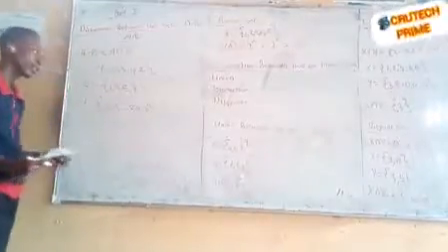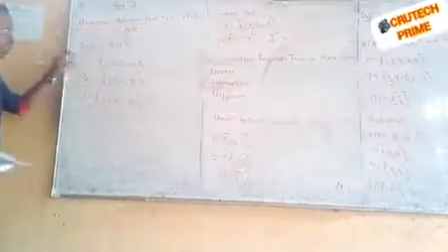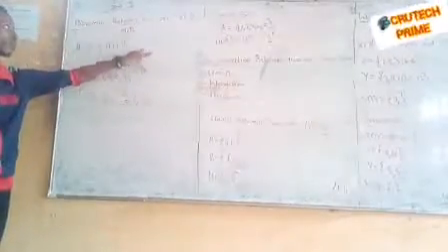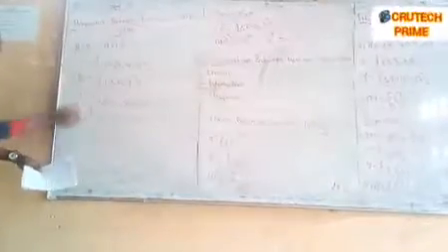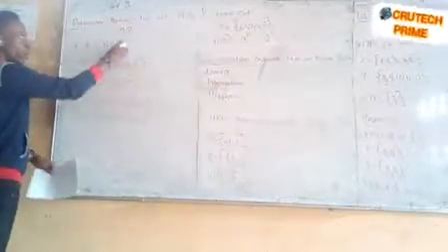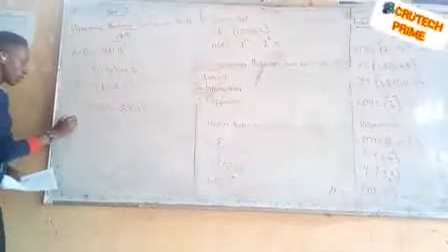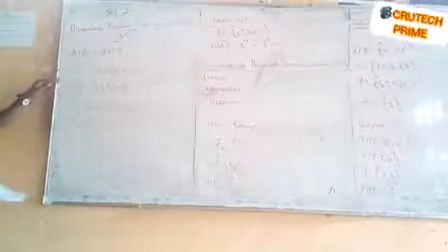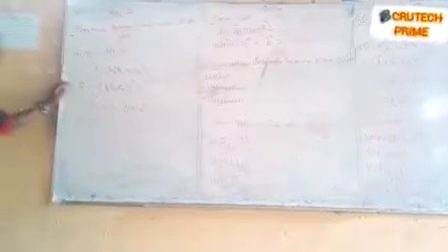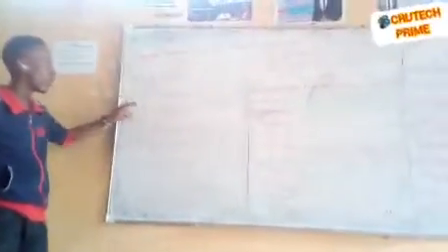So the formula says A intersection B complement. So this is A, then intersection B complement. Let's find B complement, because we already have set A. Now B complement, let's look at it this way.